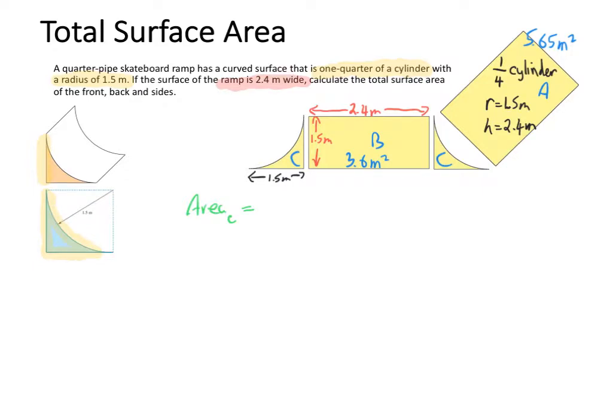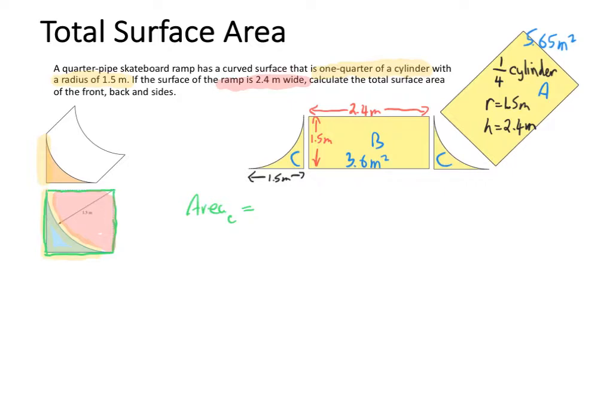We can also make a square by adding in some additional lines. So the part that we're looking to find is the blue shaded part, and we can do that by finding the area of the square and then subtracting the area of a quarter of a circle, which will leave us with the area of the side of the skateboard ramp.